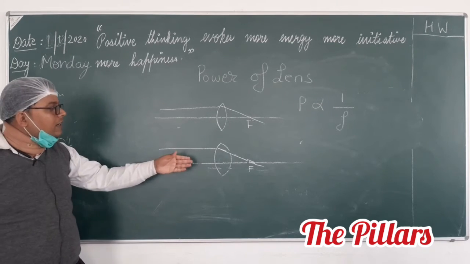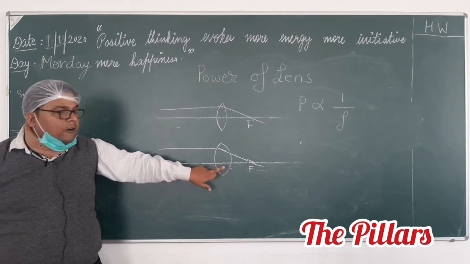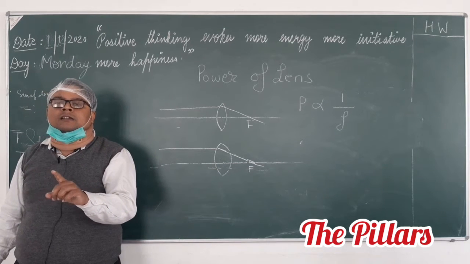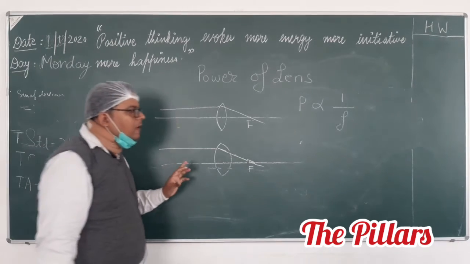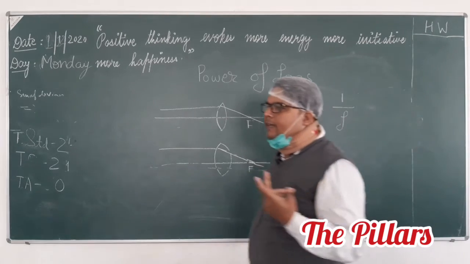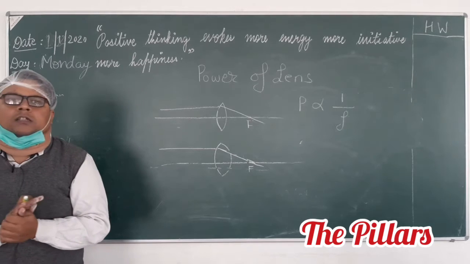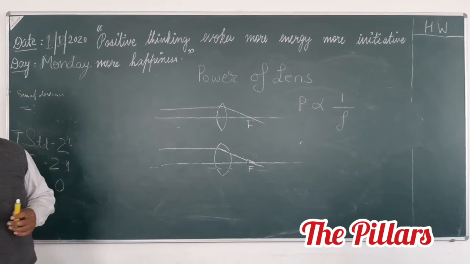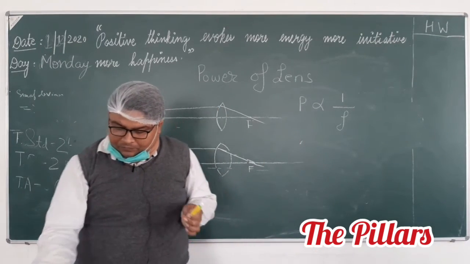So power of lens is inversely proportional to the focal length of the given lens.